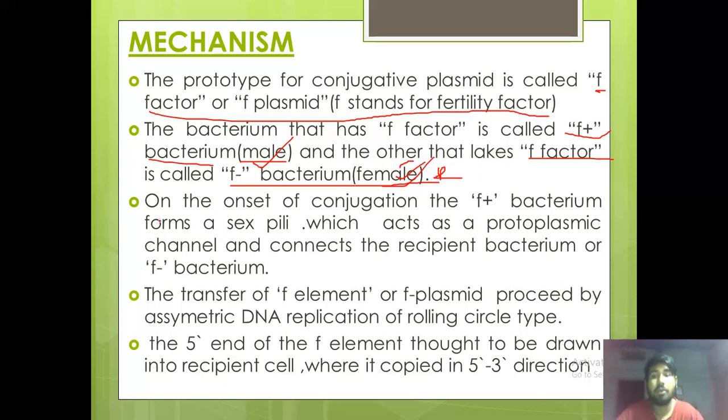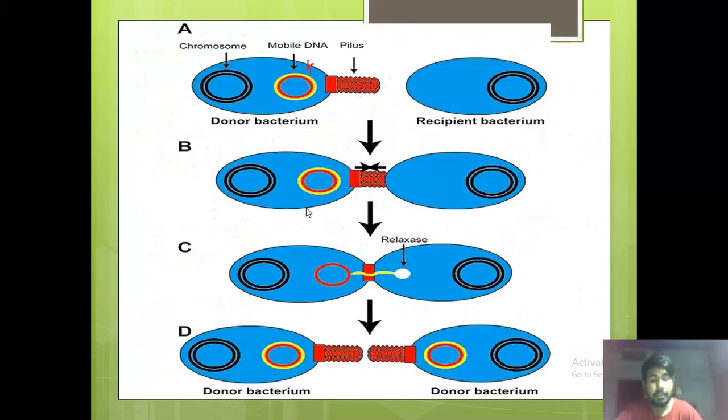At the onset of conjugation, the F positive bacterium forms a sex pilus, which acts as a protoplasmic channel and contacts the recipient, or F negative, bacterium. What does this mean? At the onset of recombination, the donor bacterium forms what is called a sex pilus.